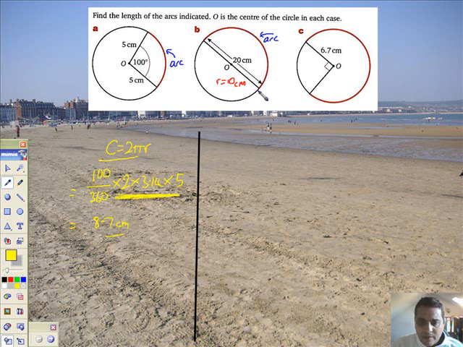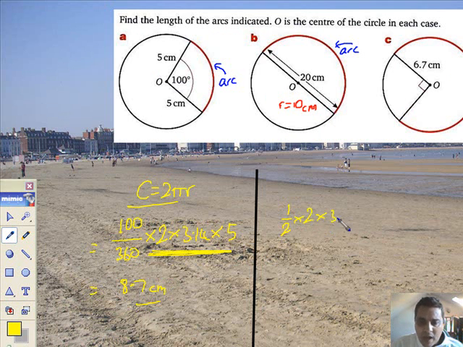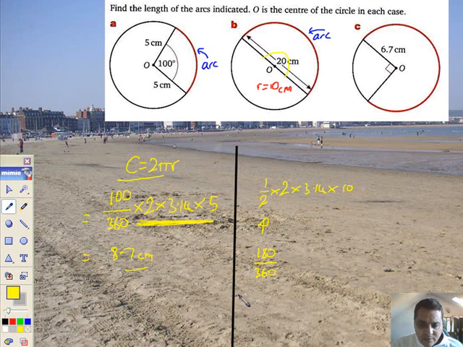So here we go. The arc length is going to be a half of 2 times pi times the radius of 10. So why is it a half? Very simple, because from there to there, all the way around, we have an angle of 180 degrees over 360, and of course 180 over 360 is a half, times the 2 times the pi times the r.